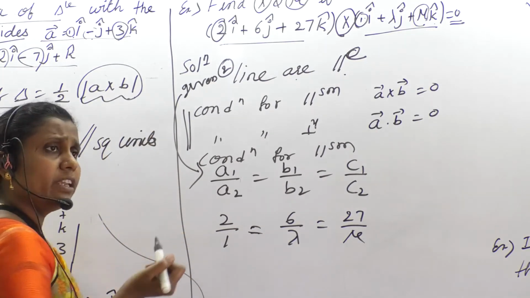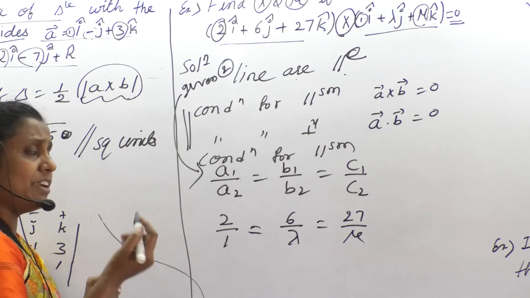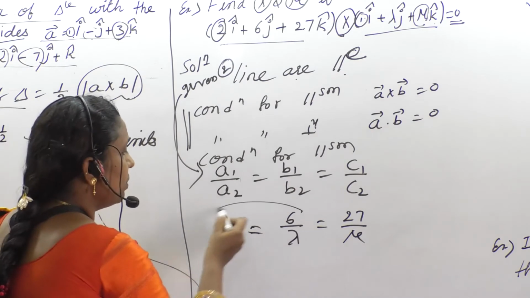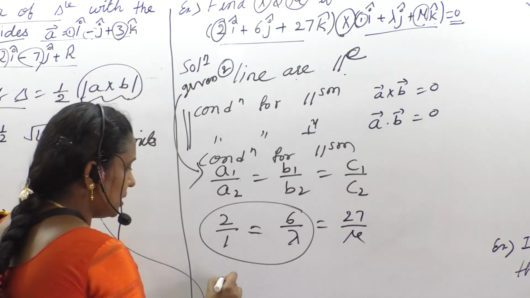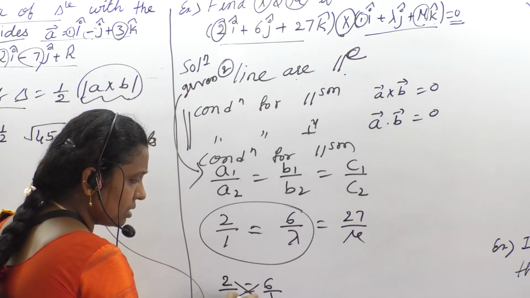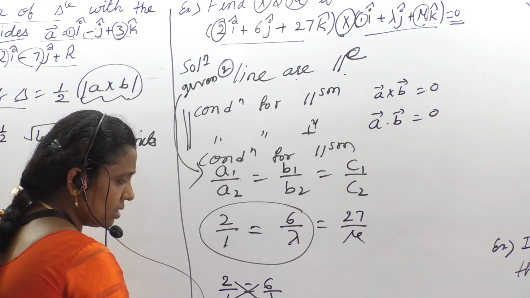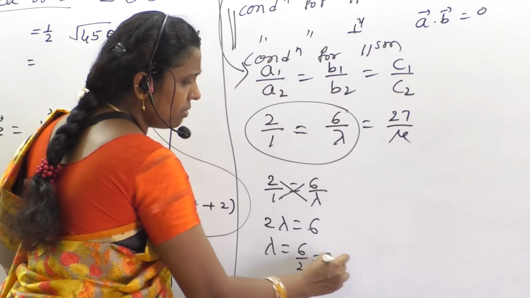So which two pairs should you compare and solve to get the value of lambda? That you have to think. If we consider these two, 2 by 1 equal to 6 by lambda, on cross multiplication, 2 lambda is equal to 6, lambda is equal to 6 by 2, which is 3, the value for lambda.